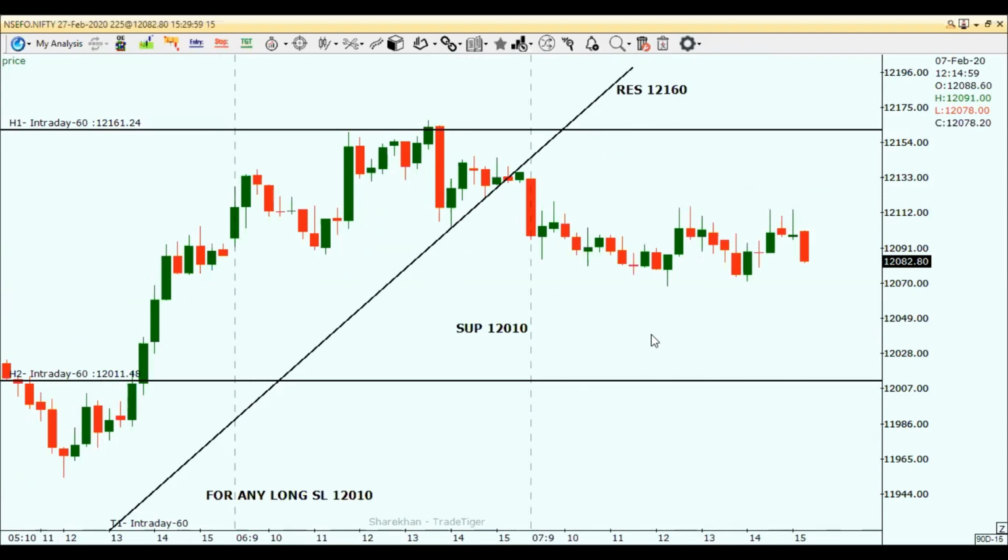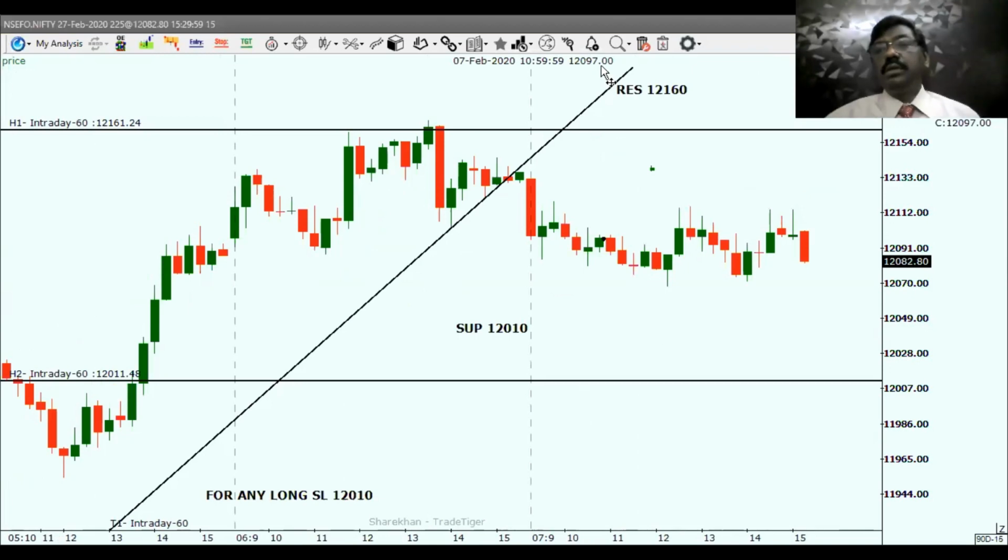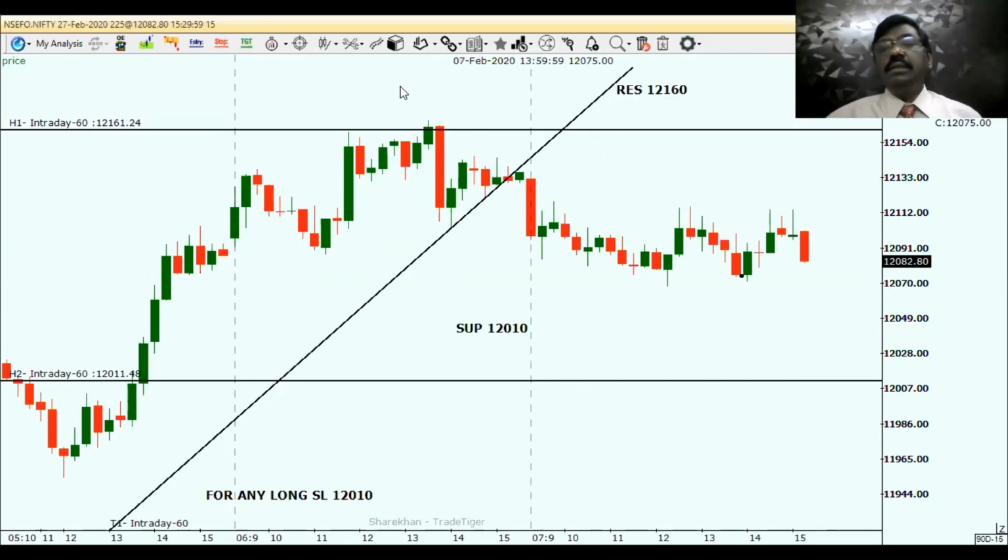It was moving in the narrow zone, no doubt, but if you look at the trend, it is slightly on the downside.